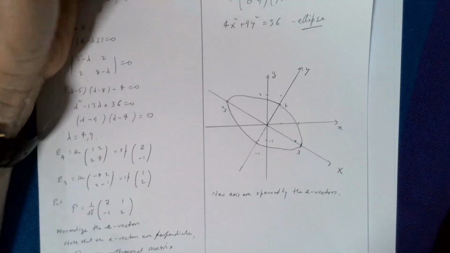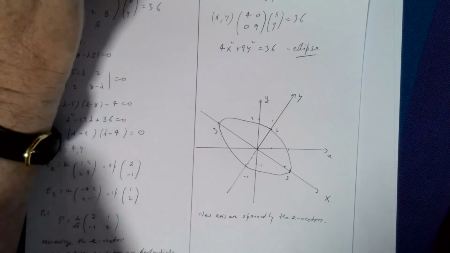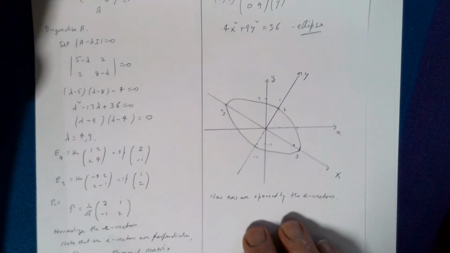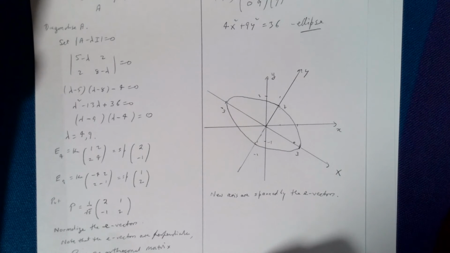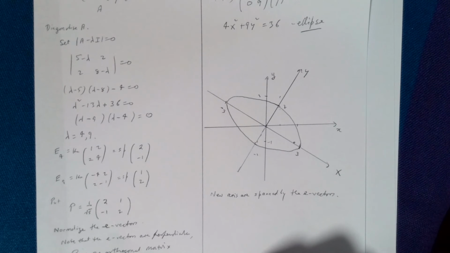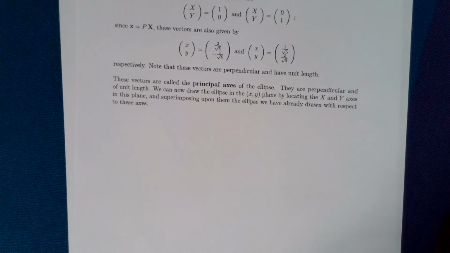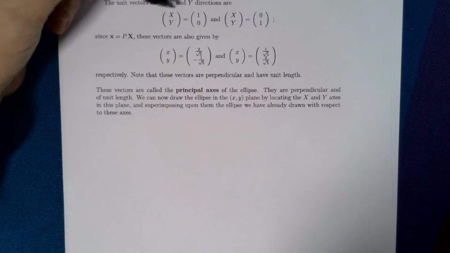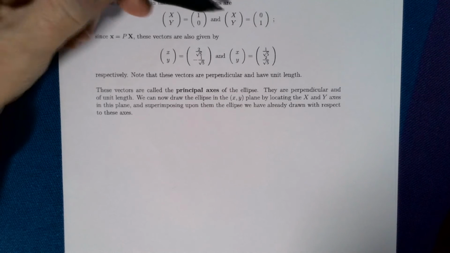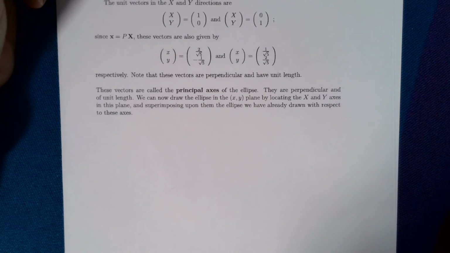So that essentially is what we're going to do to analyse these conics to see what shape they are. So we just note here that the unit vectors in the xy directions are 1, 0, and 0, 1.